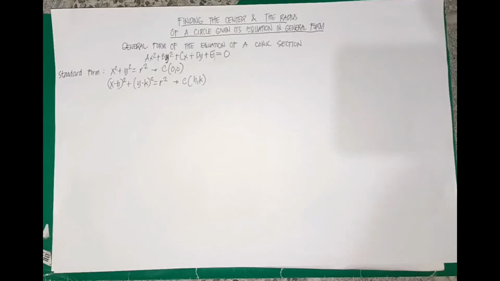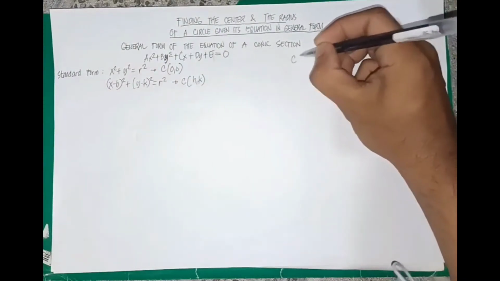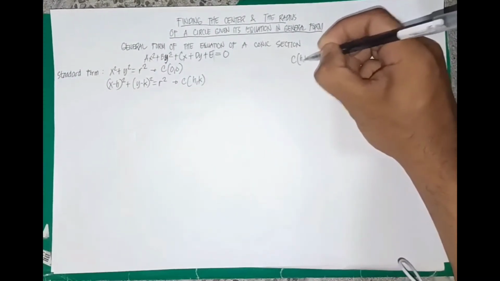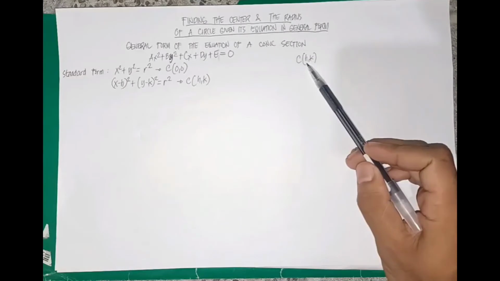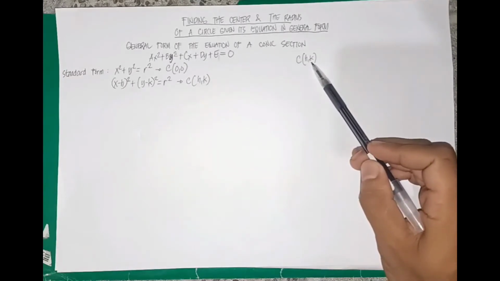The center is composed of h and k. It is a point composed of the x value, or the abscissa, and the y value, or the ordinate. In the center, these are called the value of h and the value of k.